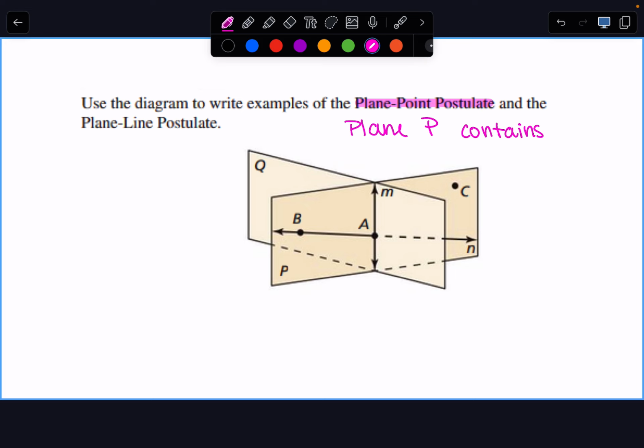What are 3 non-collinear points in plane P? Micah? A, B, and C. In a plane, we have at least 3 non-collinear points. Here's plane P. Here are the 3 points in it.